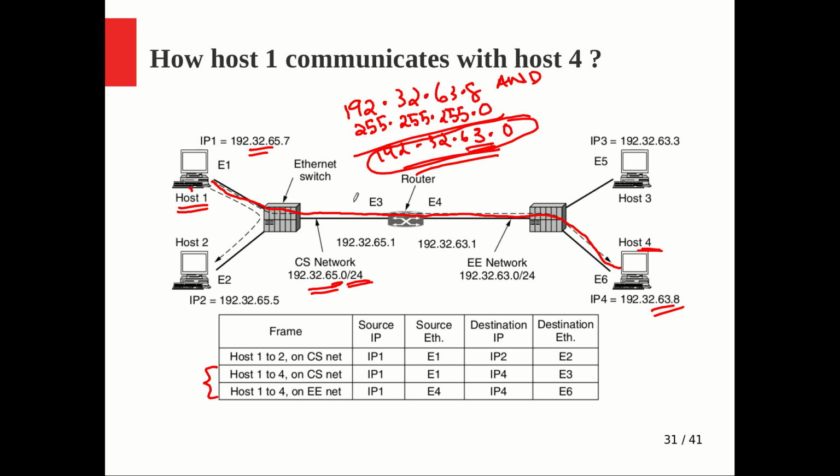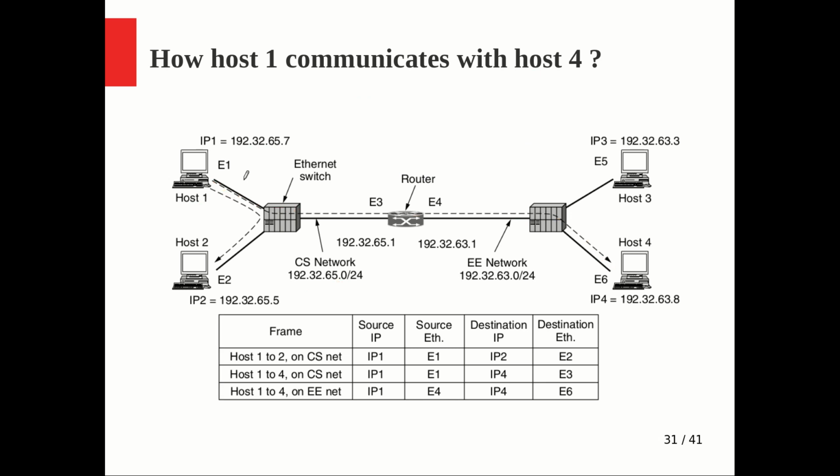So what is the next step? I have to cross the router, the network boundary. Only then can I reach the destination. Now how do I cross the router? Normally every machine knows something called the default router. If you look at the network configuration inside your machine, other than the IP address, you will see something called the default gateway.